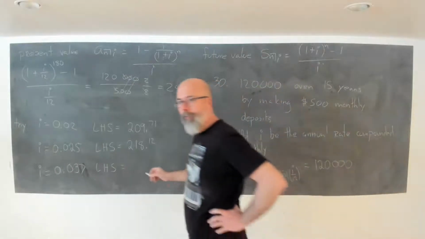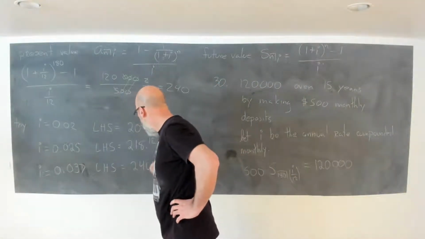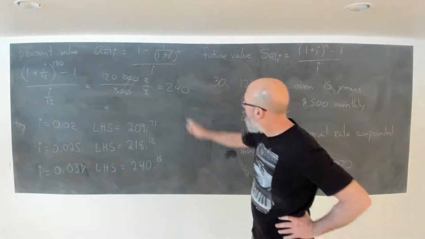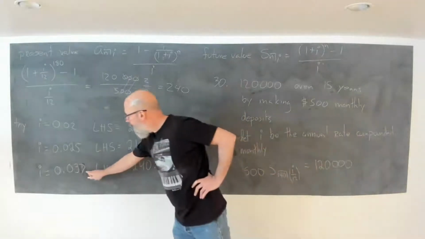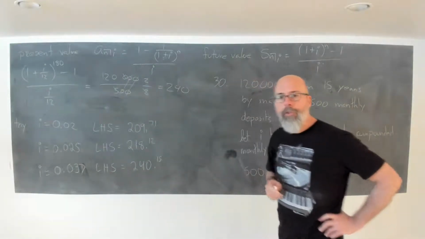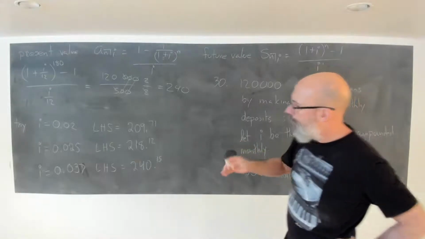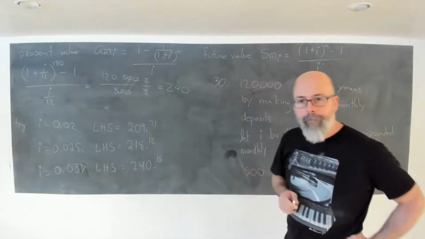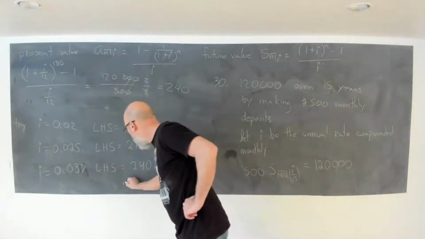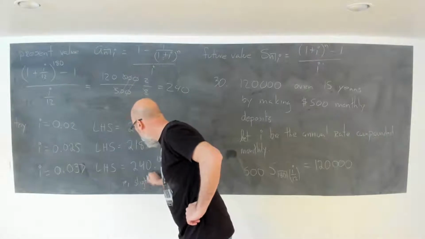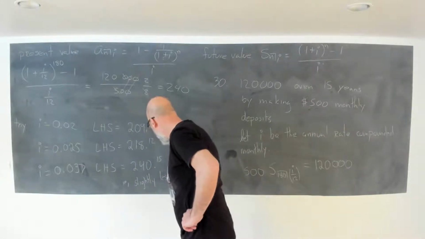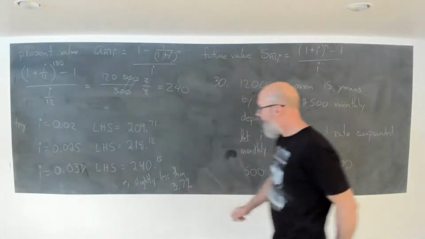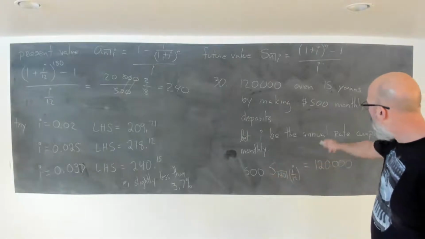$240.147. So 240.15, very close, right? Just ever so slightly too large. Very nice. So it's going to be slightly less than 3.7%, compounded monthly.